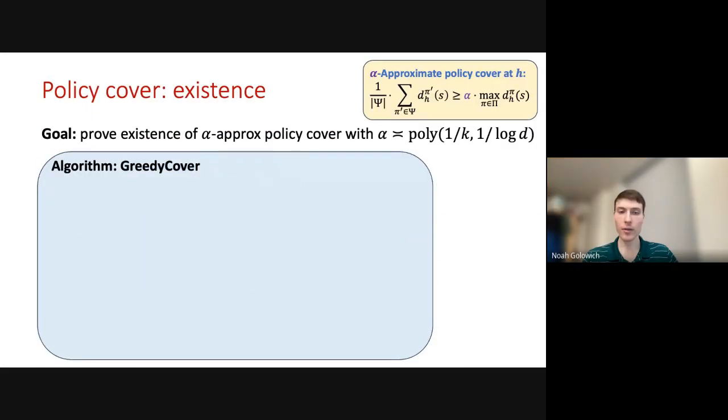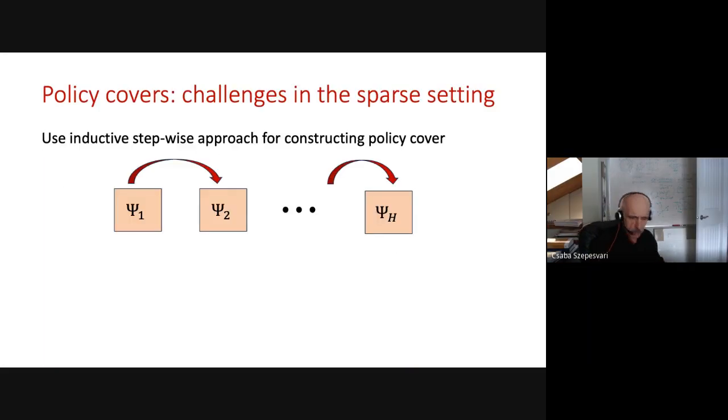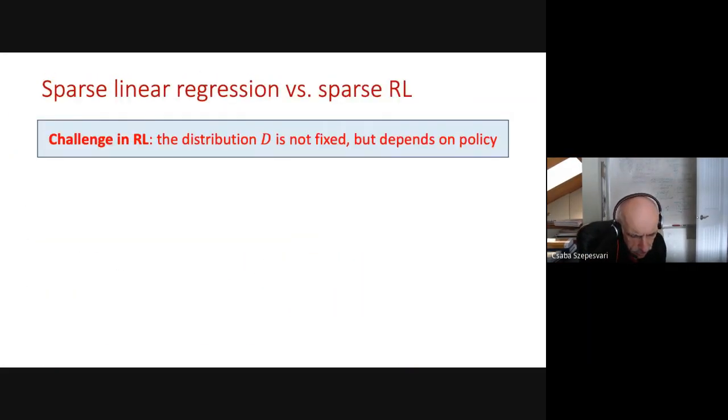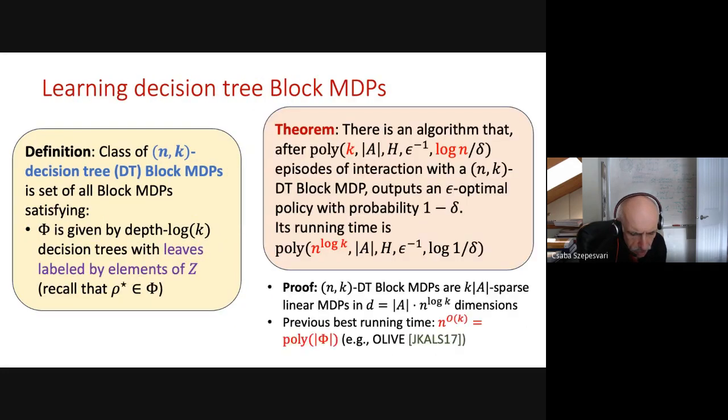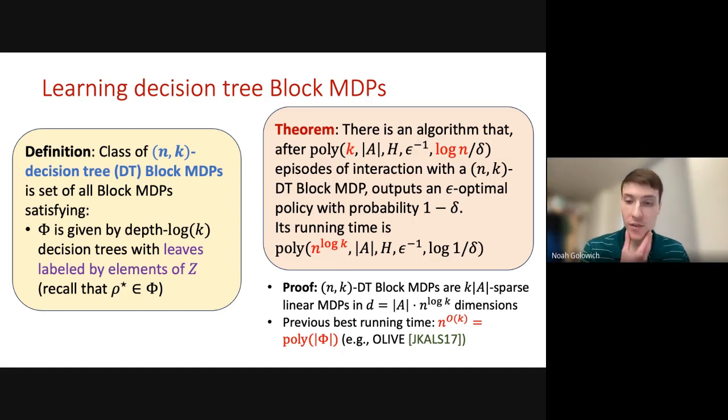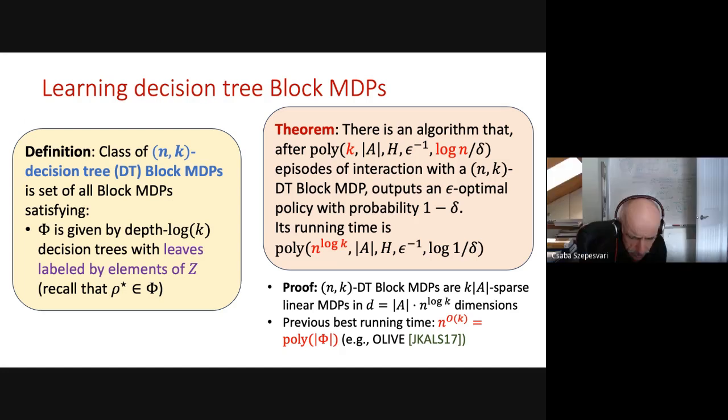Like, do we get all block MDPs with these decision trees with logarithmic depths? If you take those, then is it true or not automatically that this assumption is going to be satisfied? Which assumption would be satisfied? Oh, the norm boundedness assumption? Yes, it will be satisfied. And how is that happening? Can you elaborate on that?